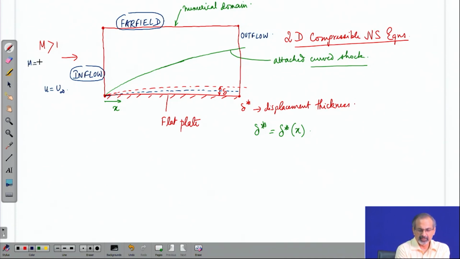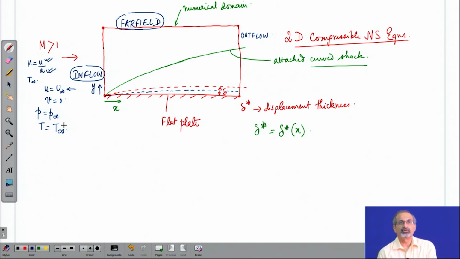So, from the Mach number you have u by A, and from the temperature that you have set in the free stream you can define A, and based on the Mach number that you have set, u will be automatically obtained. So, that will be assigned as u infinity, v will be 0 because the flow is parallel to the x axis, and then you can set the values for pressure and temperature.